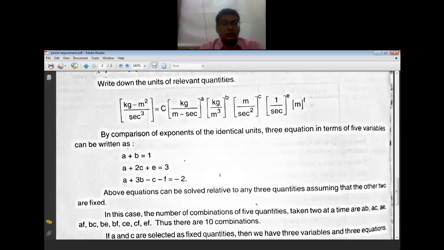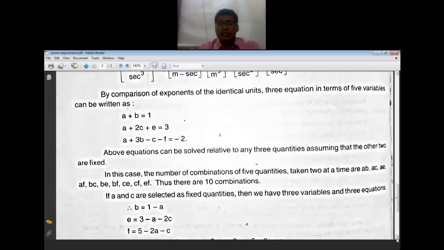So this equation becomes minus a plus 3b plus c plus f equals 2. These three equations are the collection of all your kg terms, all your second terms, and all your meter terms. This above equation can be solved relative to any three quantities, assuming that the other two are fixed.